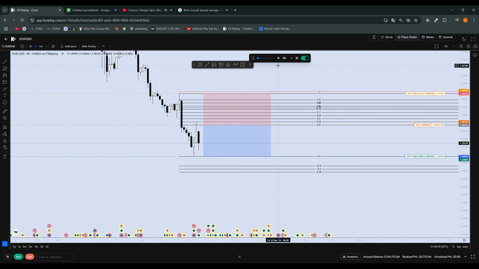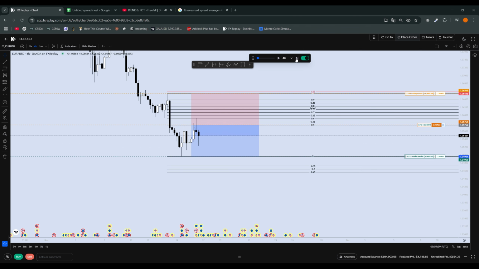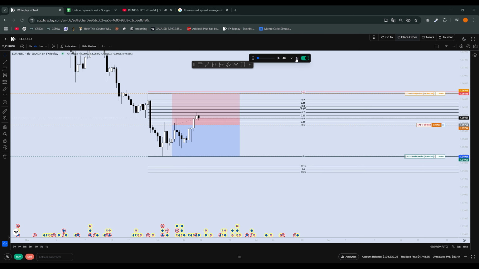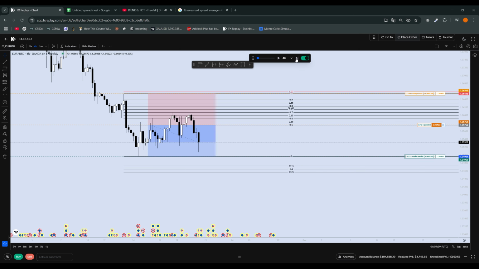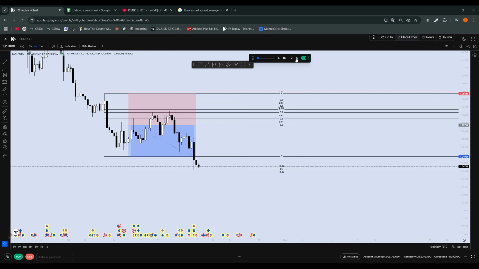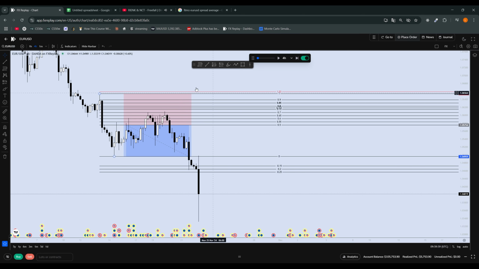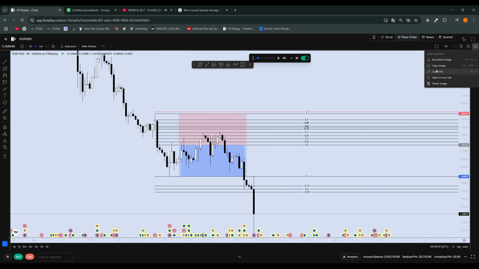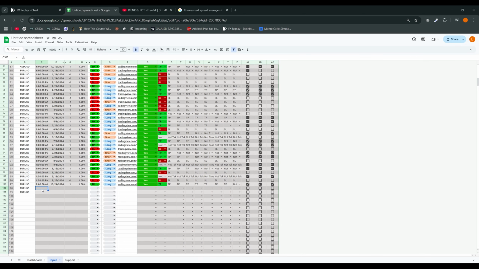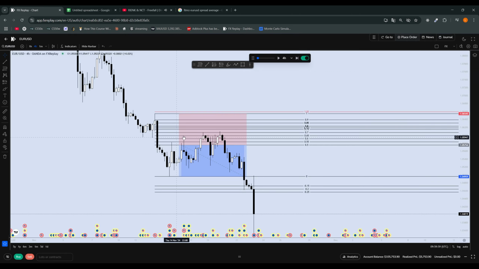We already got to my zone, but maybe we can go back to it before the range. All three take profits.